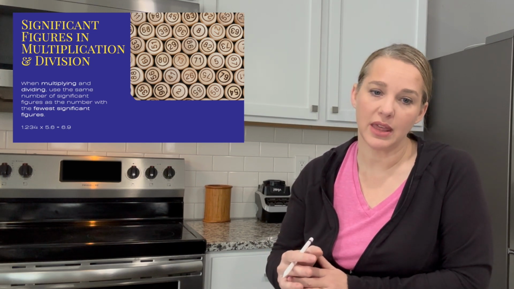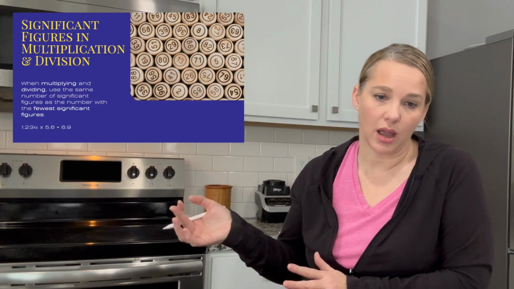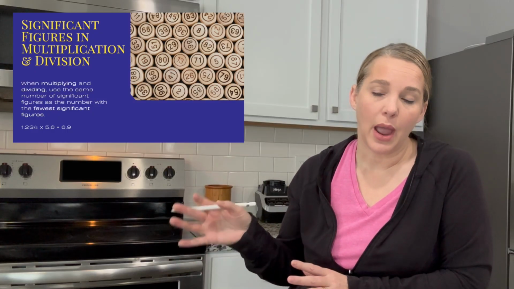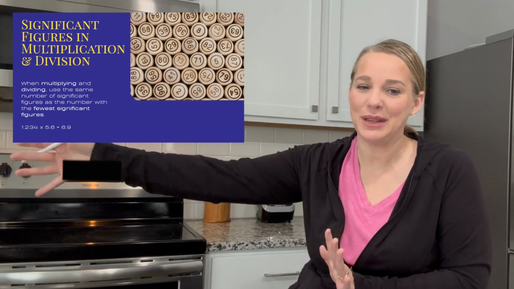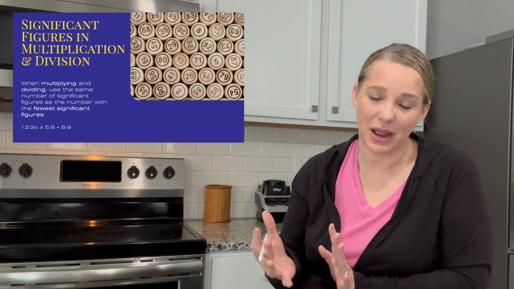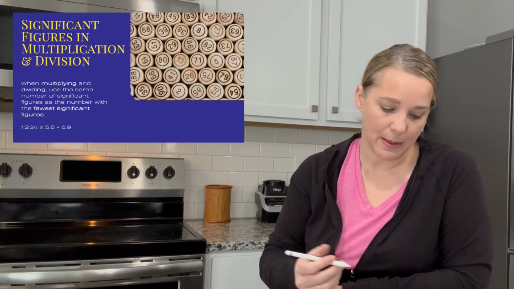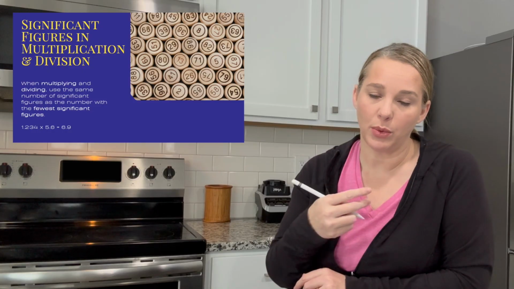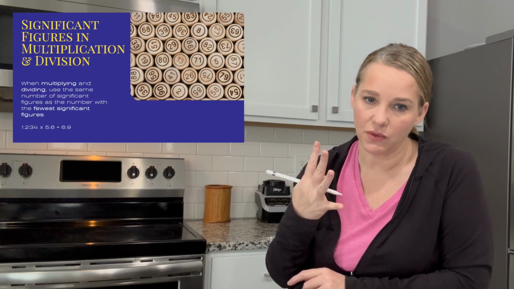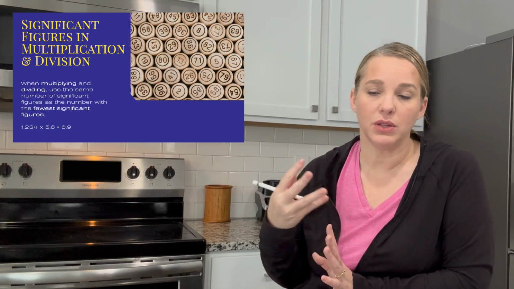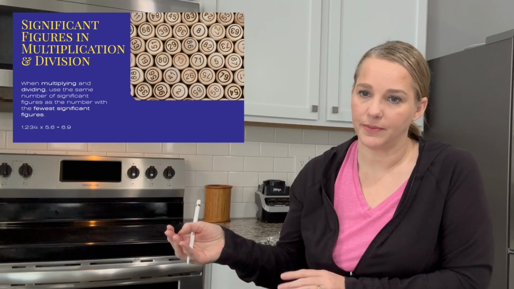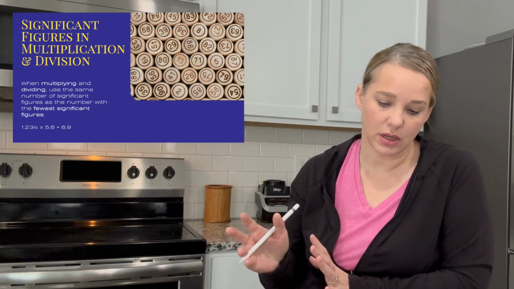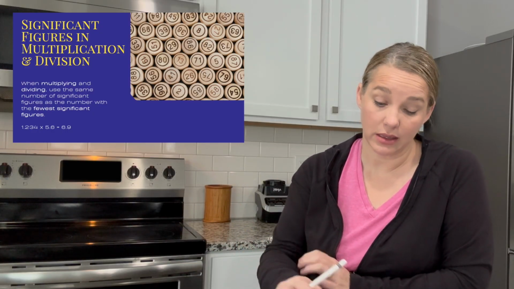When we multiply that, you have to round it to 6.9 because the 5.6 has 2 significant figures. The 1.234 has 4 significant figures. So you use the one with the fewest significant figures, okay? And I'll show you in just a second why that's not exactly the same.